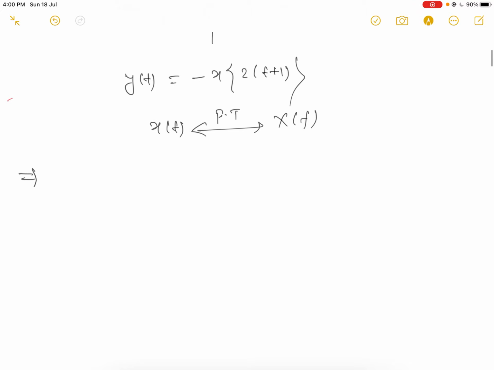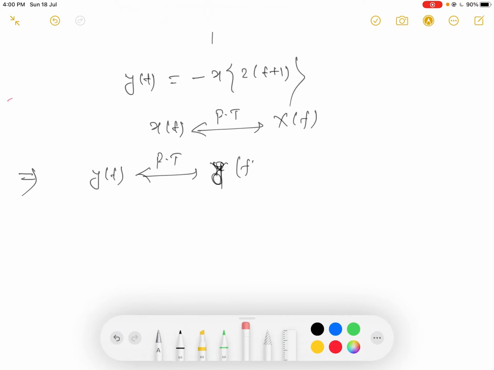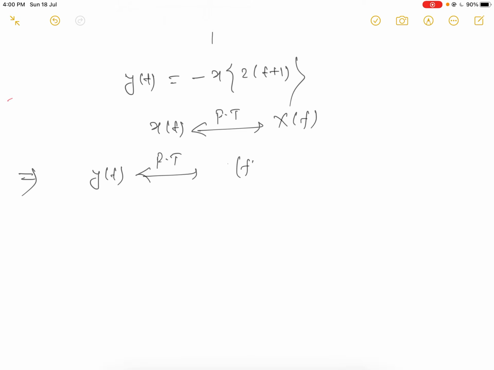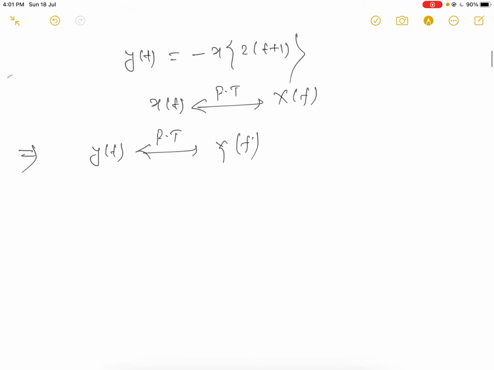The Fourier transform of y(t) is Y(f). We have to find the relation between Y(f) and X(f).